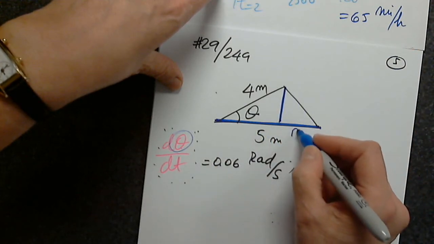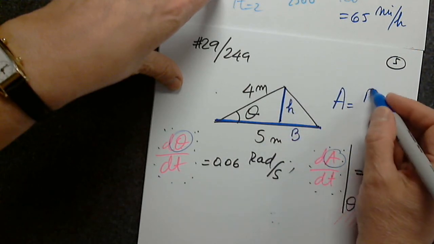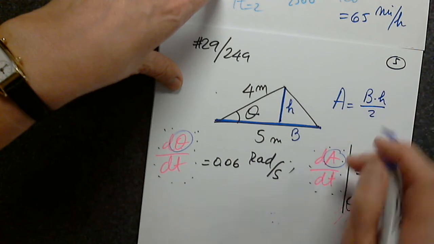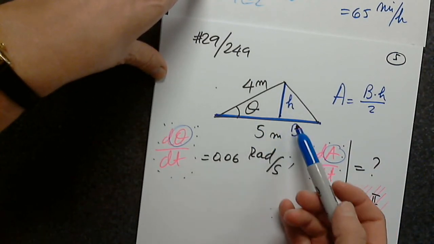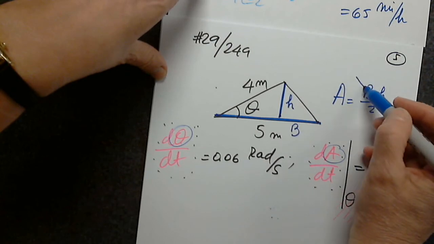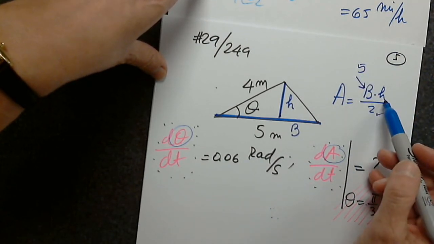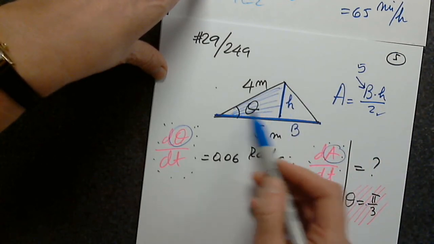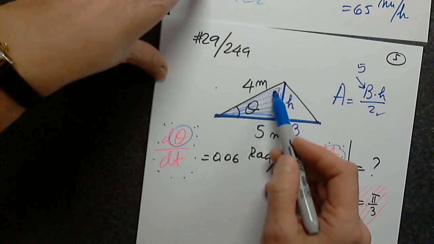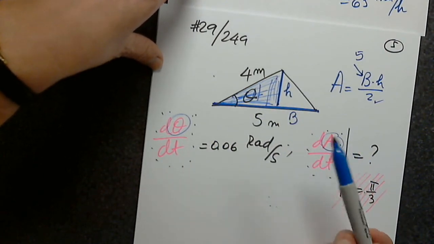Exactly. So let's say this is the base, this is the height. So then the area of this triangle is base times height divided by 2. It happens that I chose this side, so I have the base. The question is, how do I find the height? The height is not given. Is there anything I can do here?